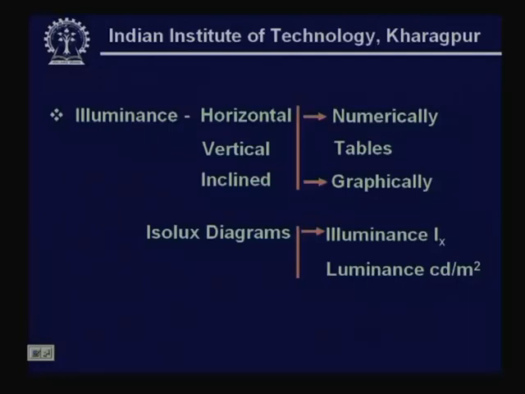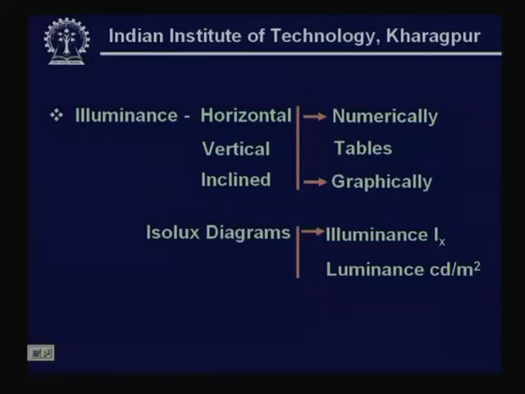These diagrams are called Isolux diagrams. All of us are aware, like the weatherman talks about isotherms, that is the equal temperature curves. In a similar way, the lighting engineer works with equal illuminance diagrams, which are Isolux diagrams.